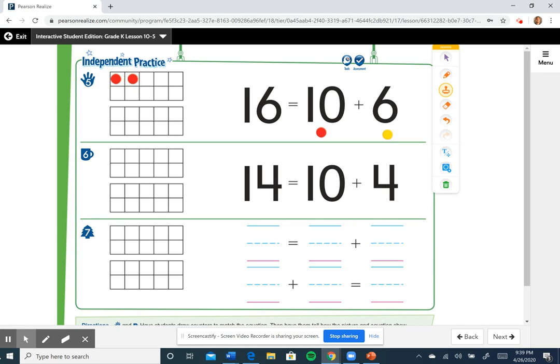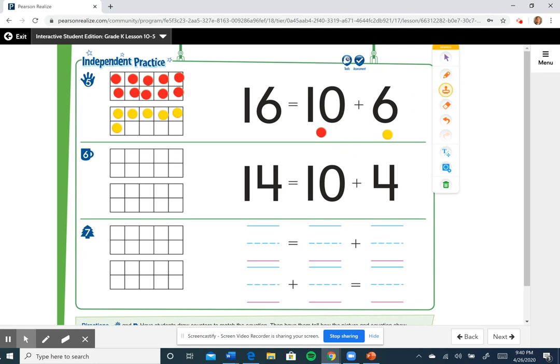So I know 10 is a filled 10 frame. So I really don't even need to count as I do this. But now when I get to my yellows, I'm going to count just to double check. 1, 2, 3, 4, 5, 6. And I'm going to double count that just to make sure I didn't miss one. 1, 2, 3, 4, 5, 6.